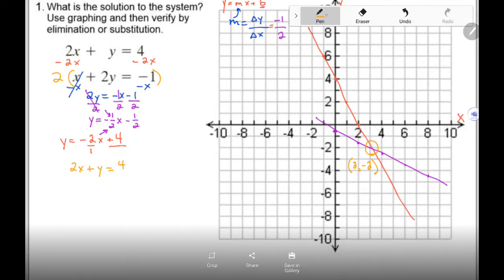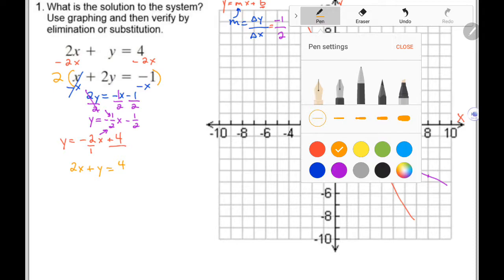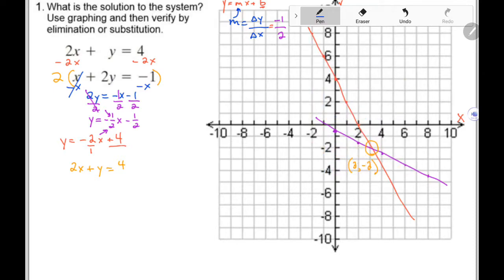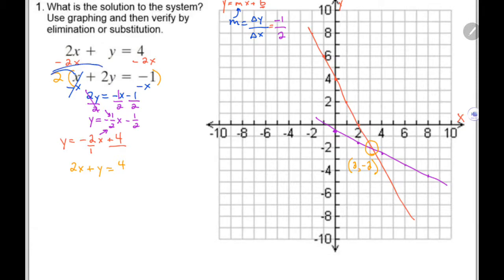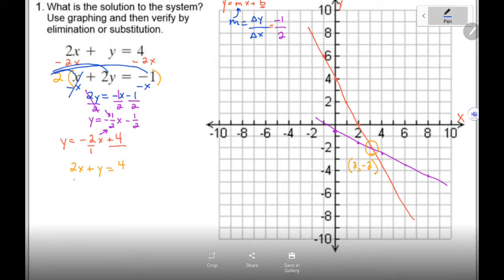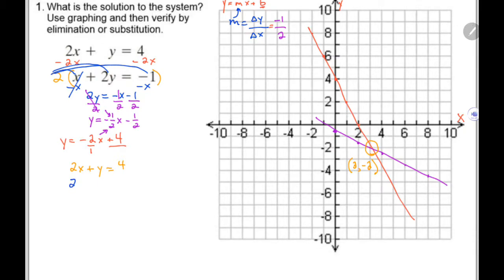And the reason I'm doing that is when I eliminate, which is what I'm doing here, I would like to have the same number in front of the x or the same number in front of the y, and I chose x. So when I distribute this 2 over the x and over the 2y and over the negative 1, I'm going to get a different line. Everything goes up by 2. So I have 2x plus 4y is equal to 2 times negative 1, which is negative 2.